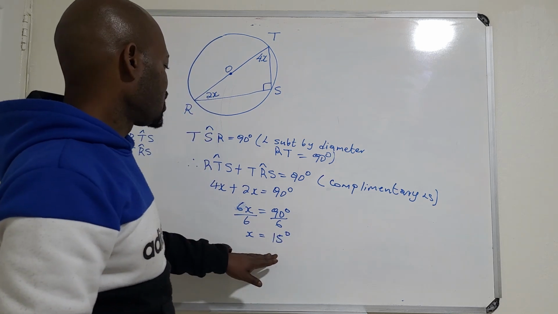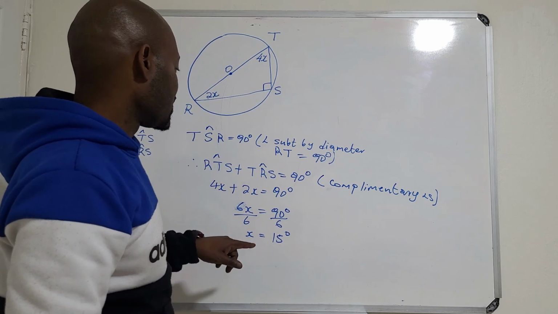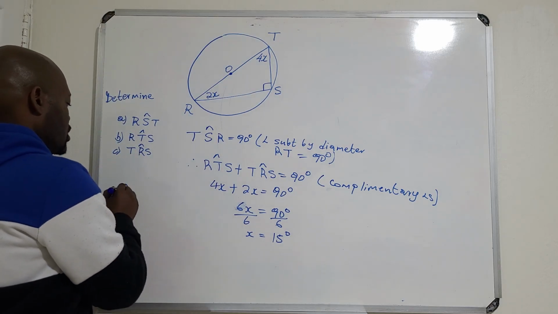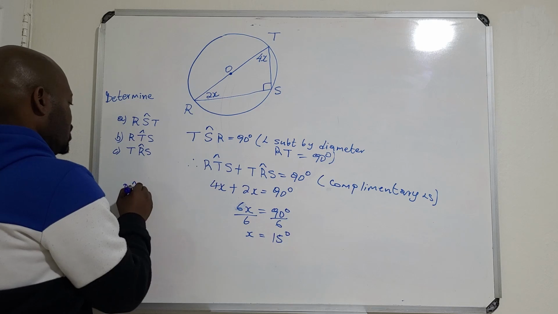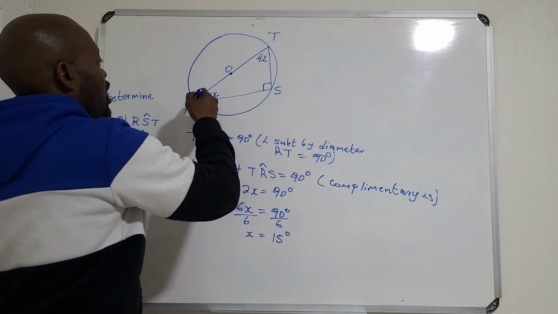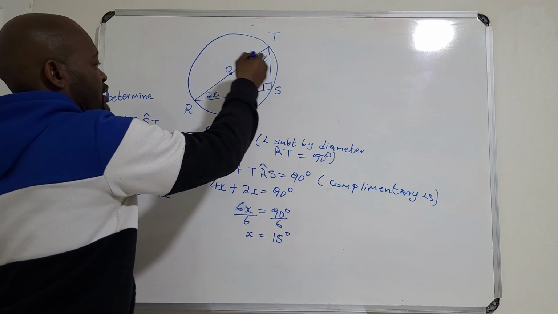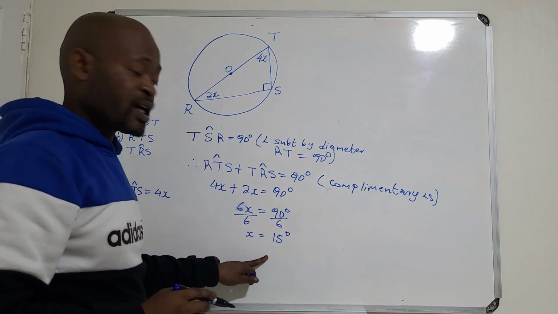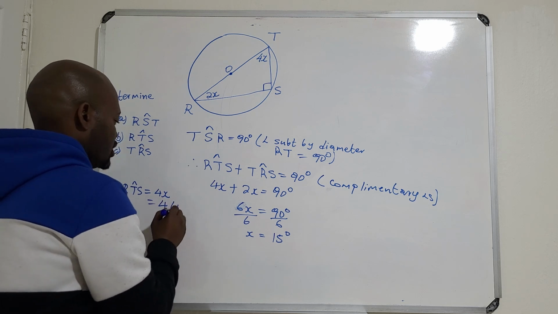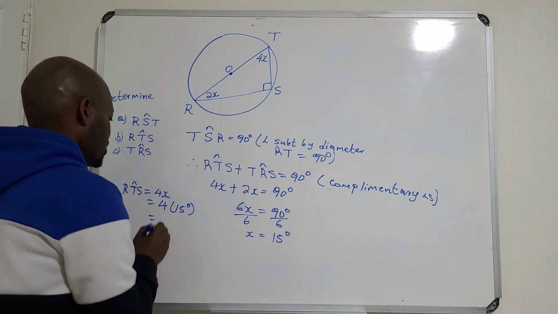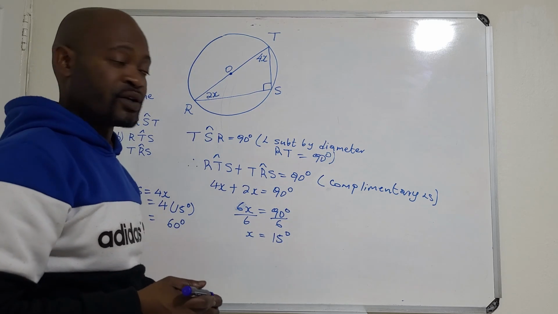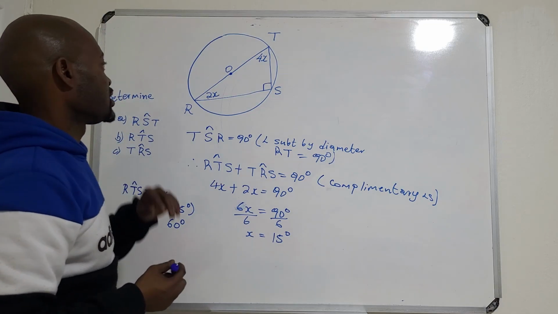Now, since we got our x, we can find angle RTS. Angle RTS is equal to 4x, because that's the angle RTS. We have the value of x, therefore we're going to have 4 times 15 degrees, which is 60 degrees, our angle RTS.